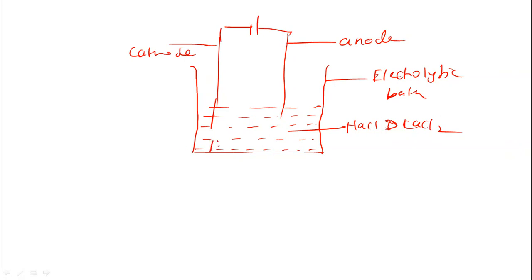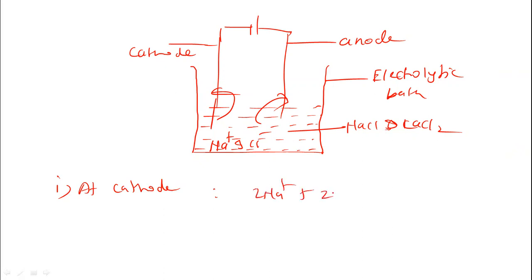Now sodium chloride gives sodium ions and chloride ions. So sodium ions migrate to the cathode and chloride ions migrate to the anode when we pass the electricity. So what reaction takes place at the cathode? At the cathode, sodium ions combine with electrons and there is formation of sodium metal.